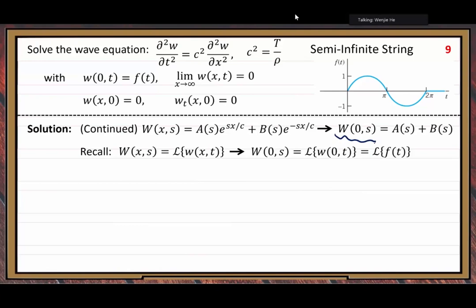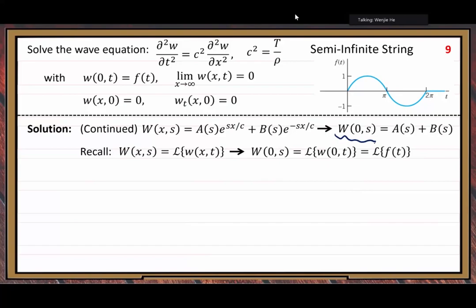How to calculate it? We know how to calculate the Laplace transform of a sine function. But here it's a single wave sine, not the whole sine. So we multiply by the Heaviside function. See, now you know how important the Heaviside function is, right?